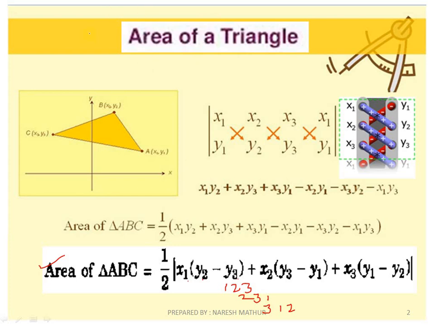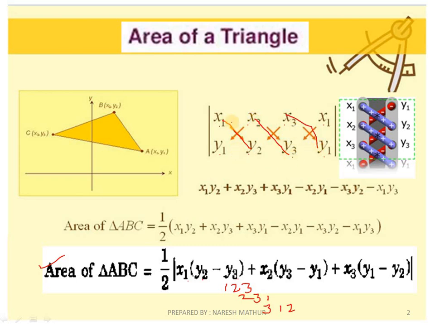Or we have one more trick to find the area of triangle ABC. We can write the coordinates x1, x2, x3 and x1, and similarly y1, y2, y3 and y1. Then we just need to find the sum of the diagonal products: x1 y2, x2 y3 and x3 y1.